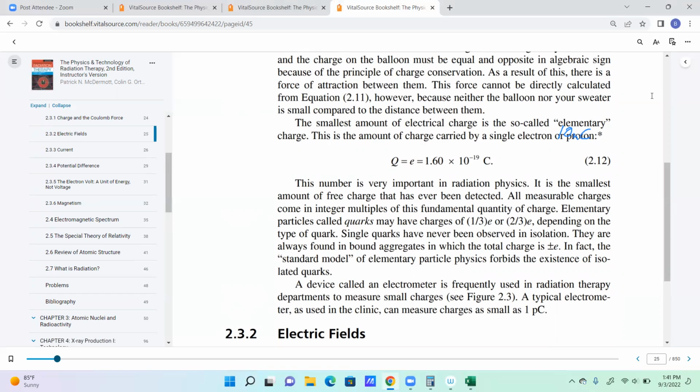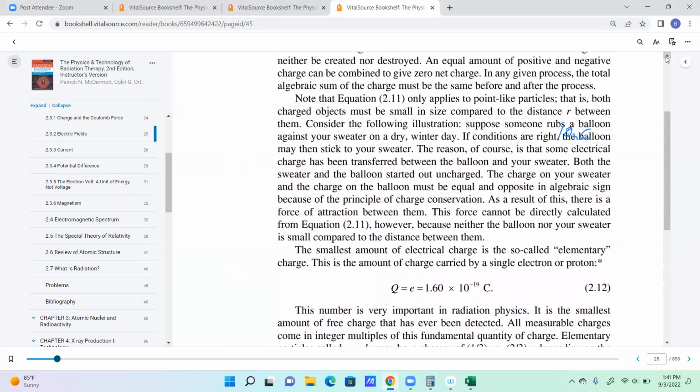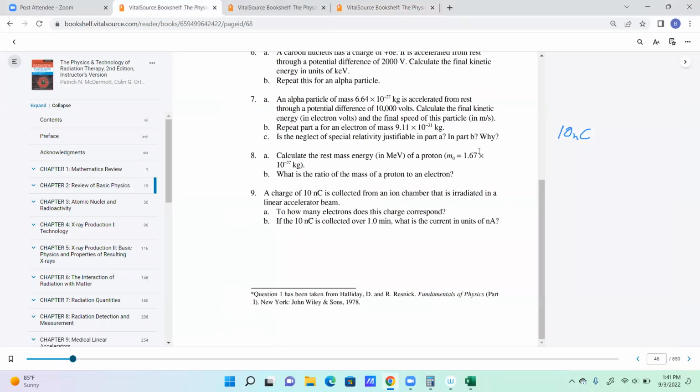So if I scroll a little bit, let's go back to here and say 10 nanocoulombs. I'm going to take that and convert it. I know that 1 e is going to be equal to 1.6 times 10 to the minus 19th coulombs.